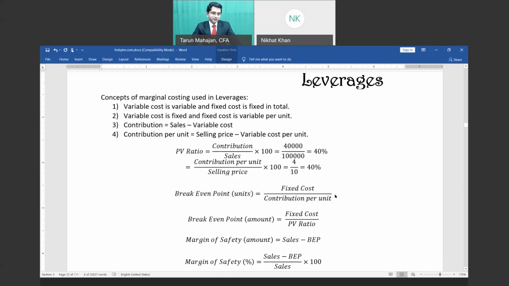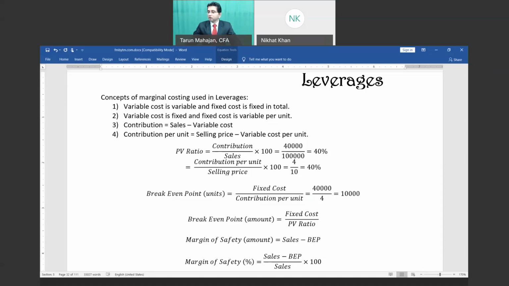Say fixed cost is 40,000 rupees, and contribution per unit is say 4 rupees. What does it mean? 10,000 units is your break-even point.